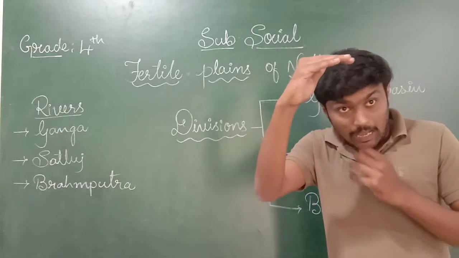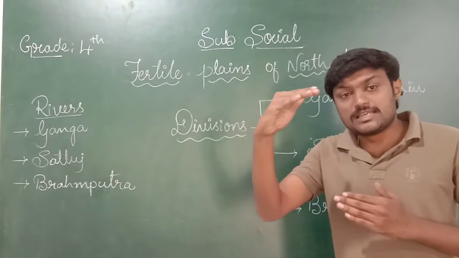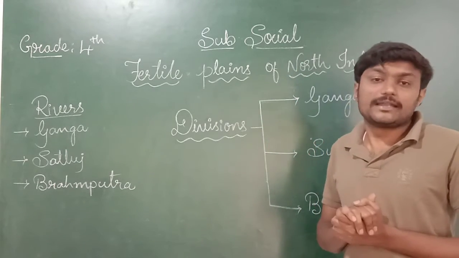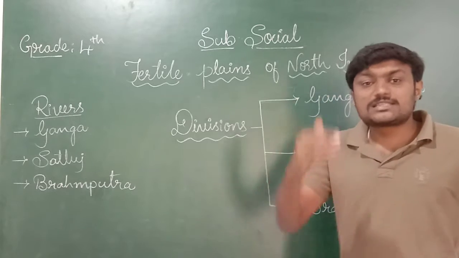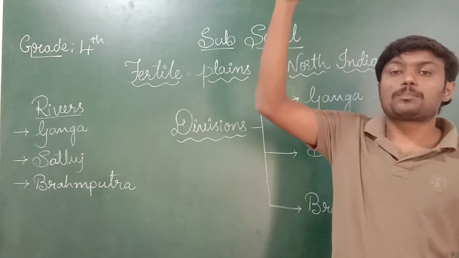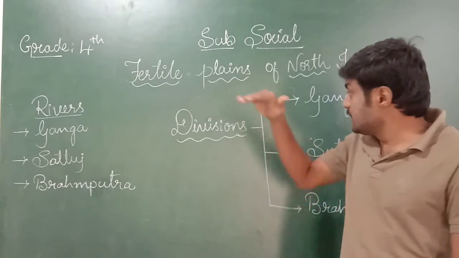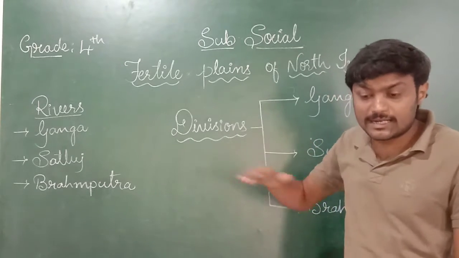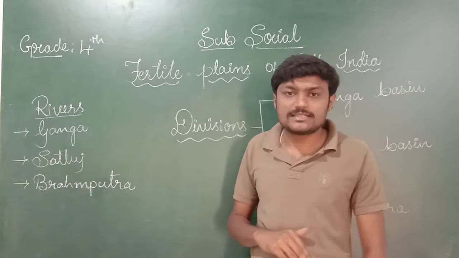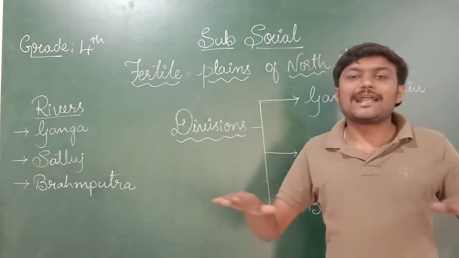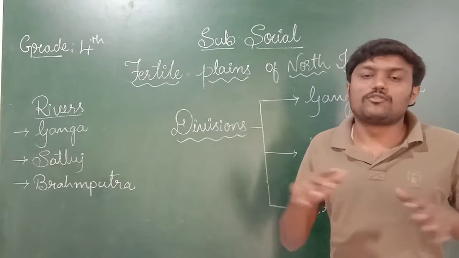But the place located after the Himalayan ranges, where the rivers which took birth in the Himalayan ranges flow down, is located at the foot of the Himalayan ranges. This is a completely flattened area with river flow.